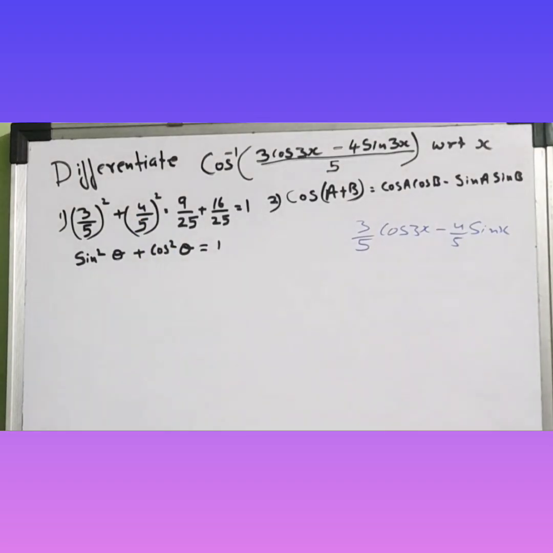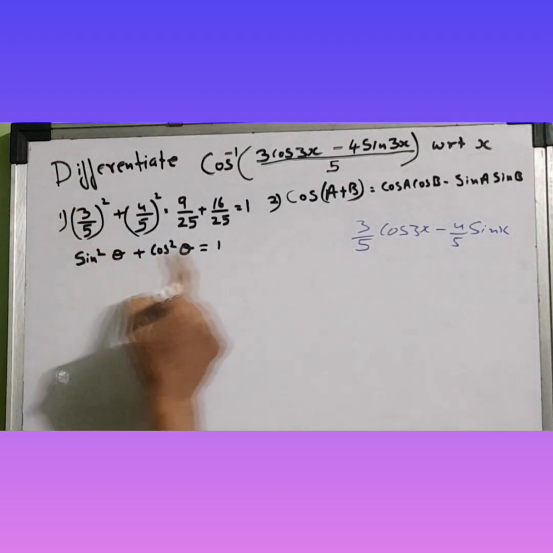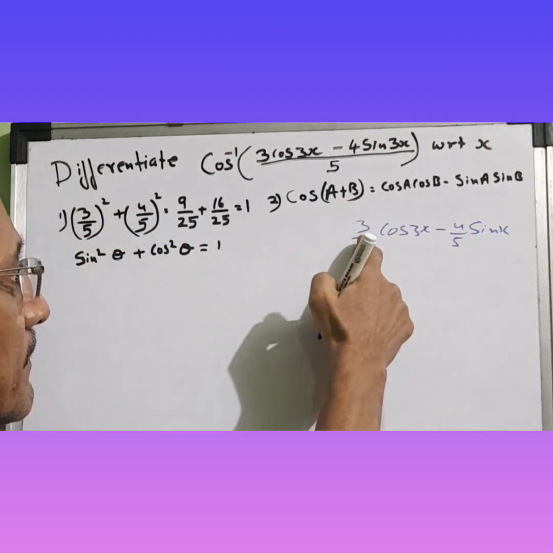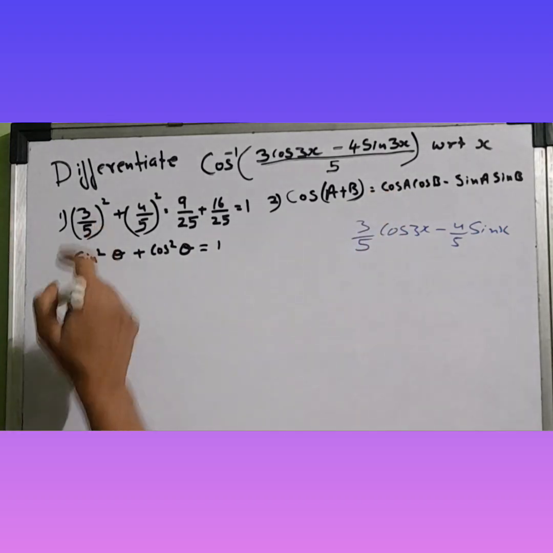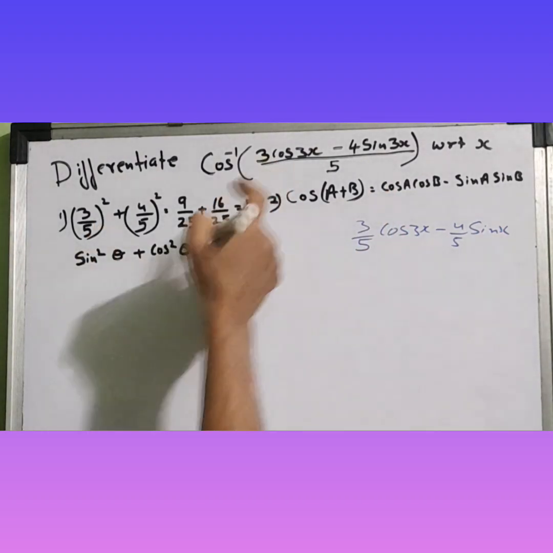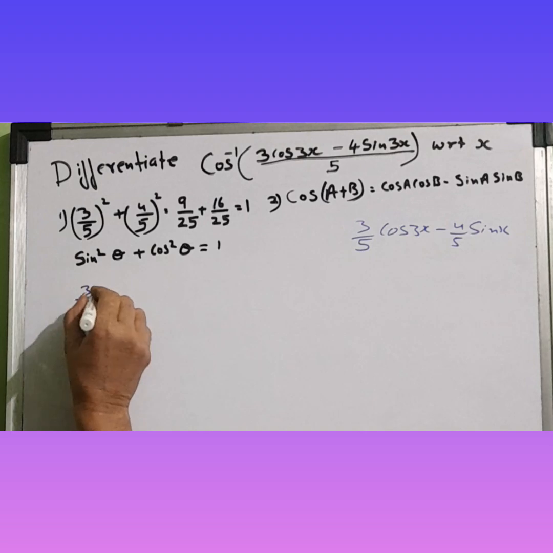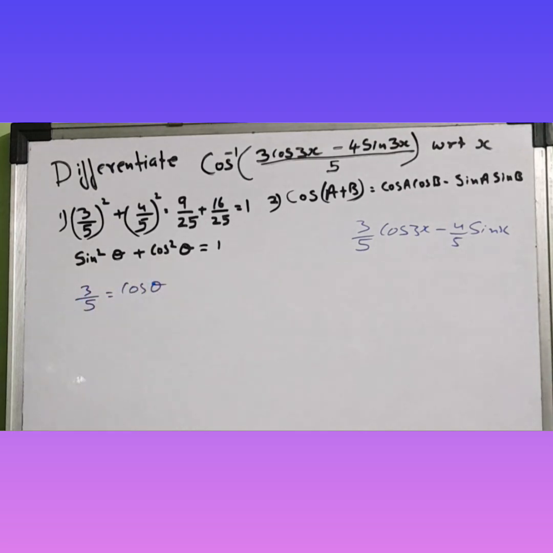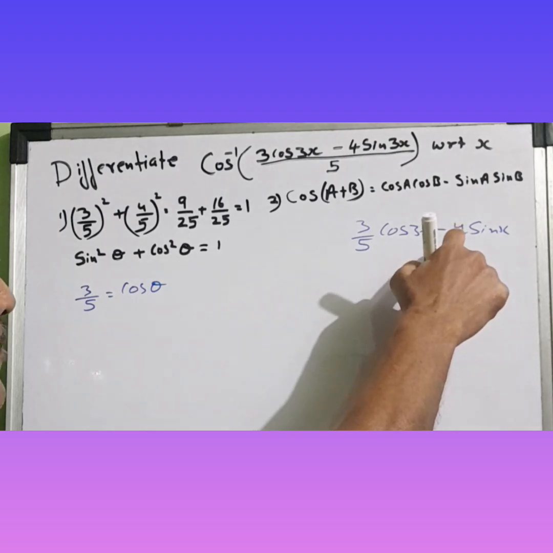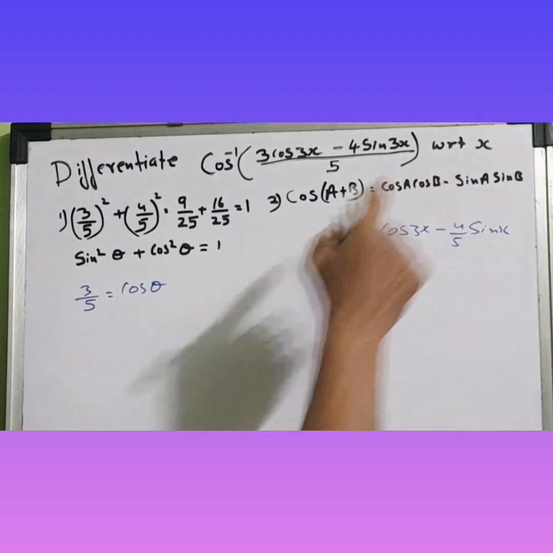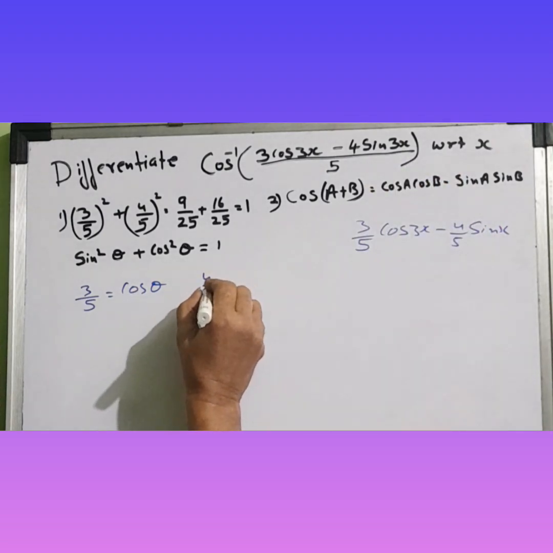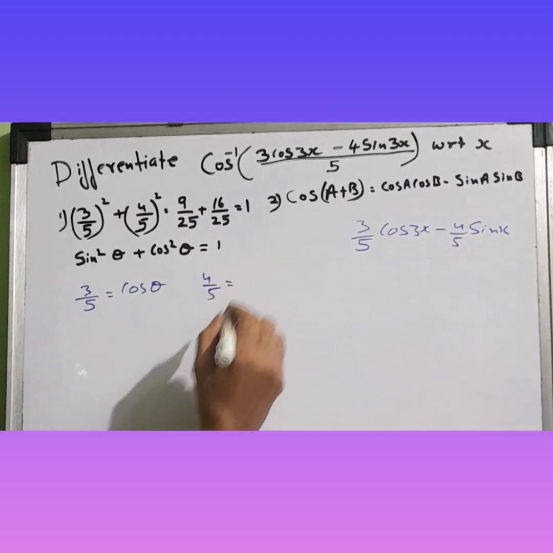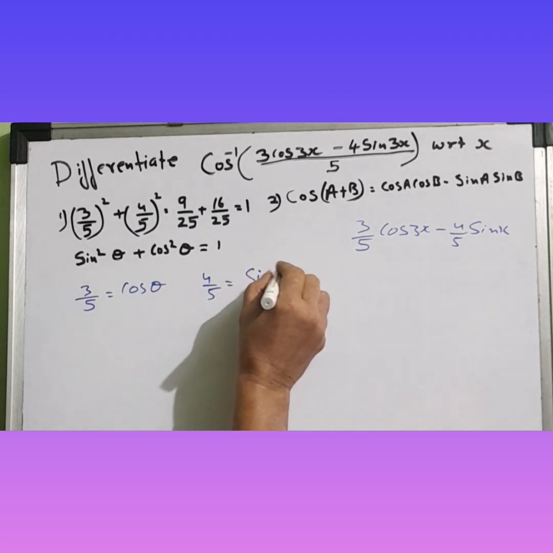So, does this mean that 3 by 5, this we need as cos, is equal to cos theta? Does it mean that 4 by 5 is sine theta?